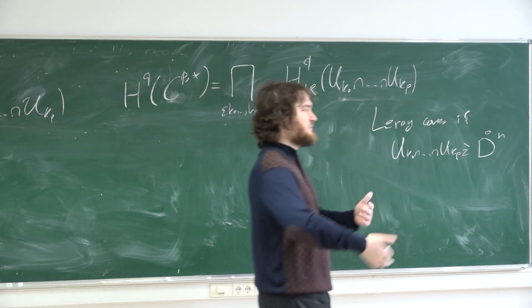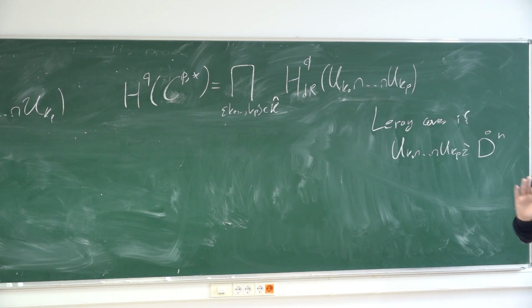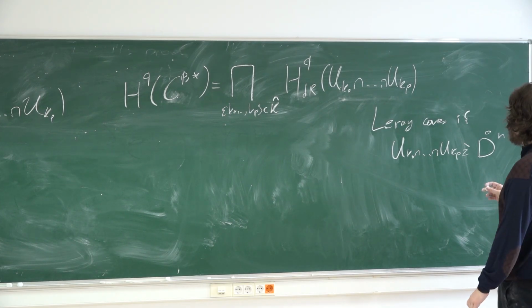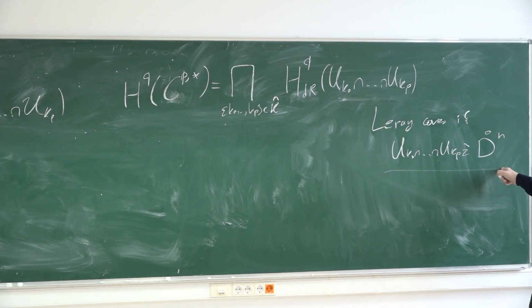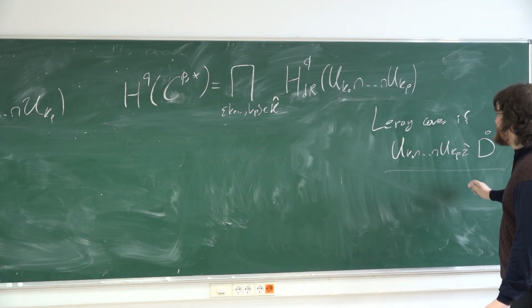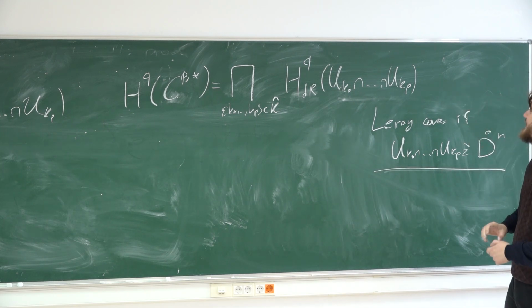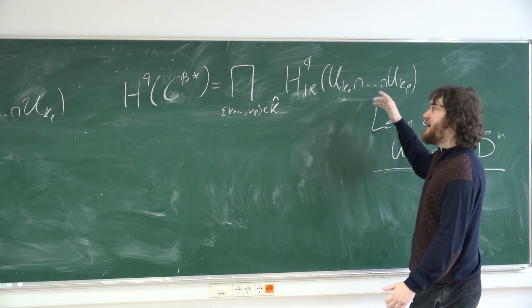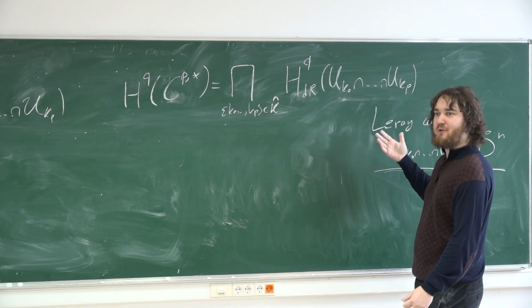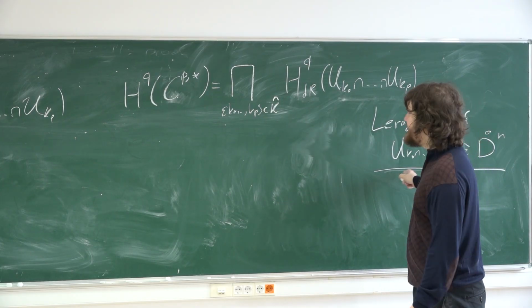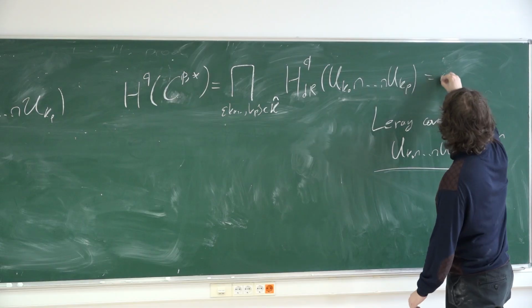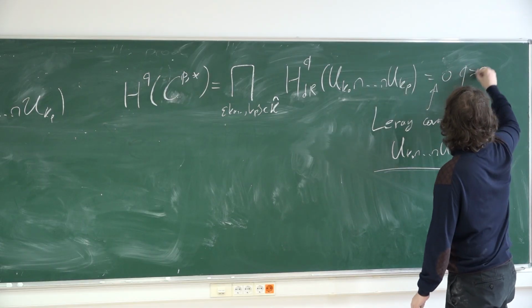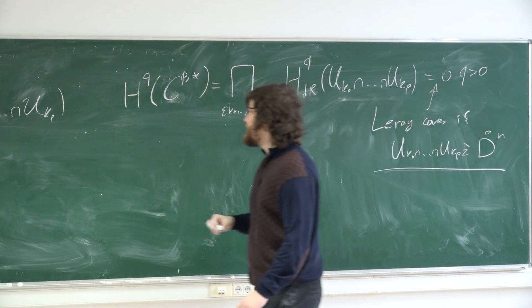You can prove this, for example, by considering some Riemannian metric, but it's true for any smooth manifold. It's a fact from differential geometry. If you consider such a cover, then all these cohomologies are zero if Q is more than 0.